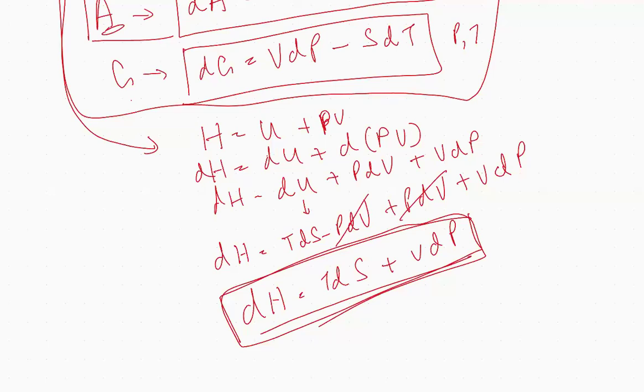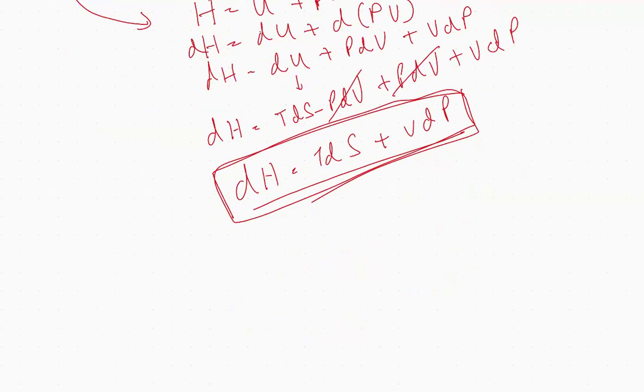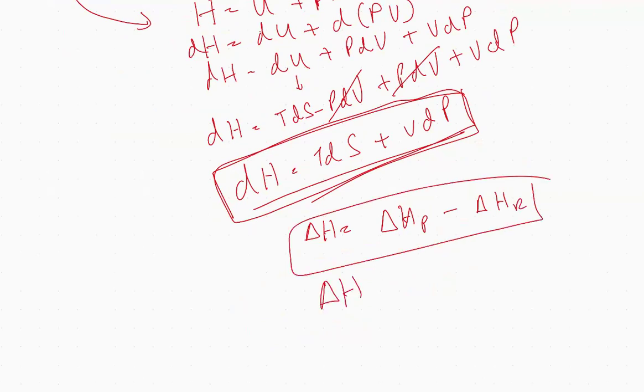Also, please review how you calculated the difference in enthalpy, the products minus the reactants, and how delta H was also 0 for elements. Now, the third law says entropy is 0 for any element if it is in the pure perfect crystalline form at 0 Kelvin.